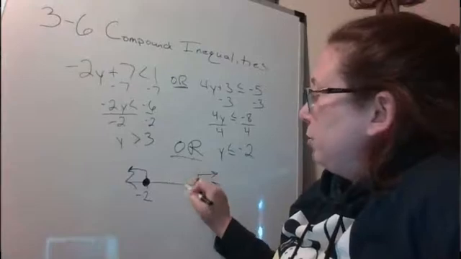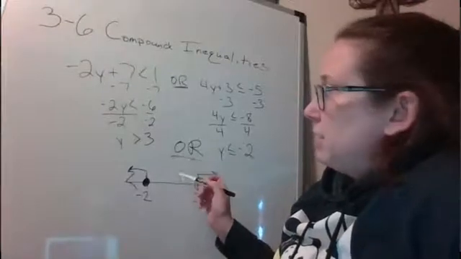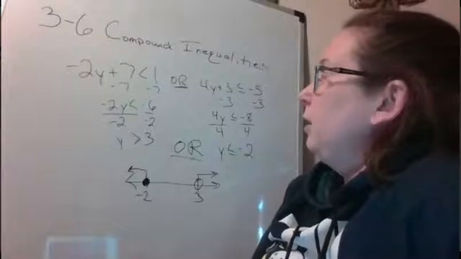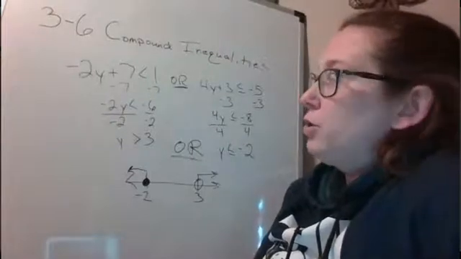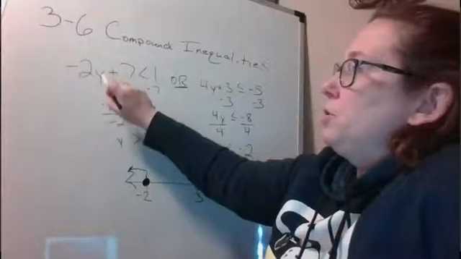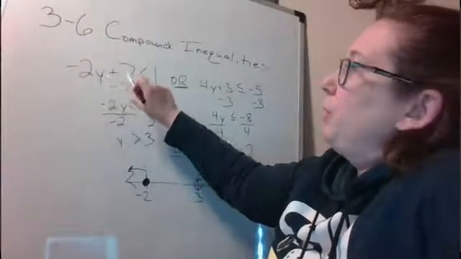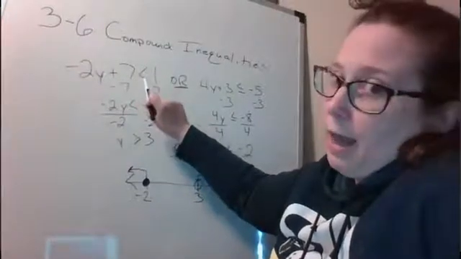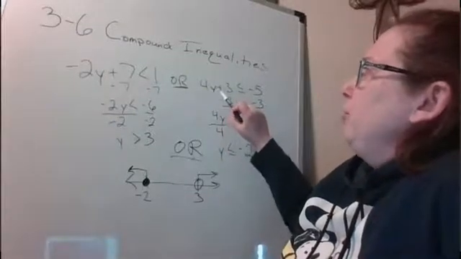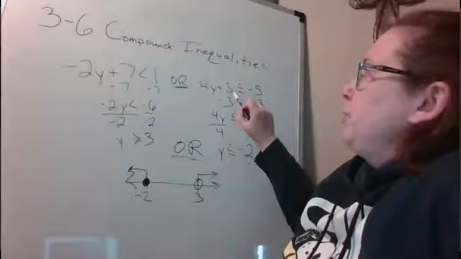If I checked a number in between here, so say 0, I would check it in both of my inequalities and it should not work for either one. So over here I do -2 times 0 is 0, plus 7 is 7. 7 is not less than 1. Over here I would say 4 times 0 is 0, plus 3.